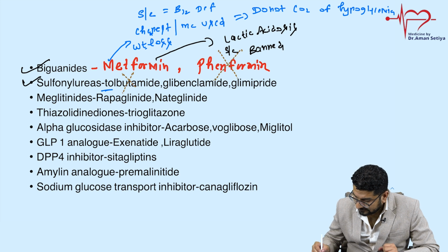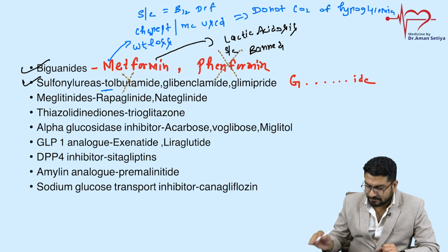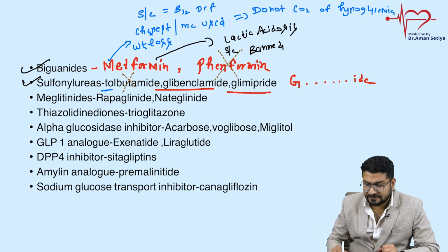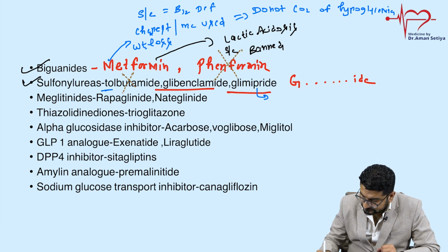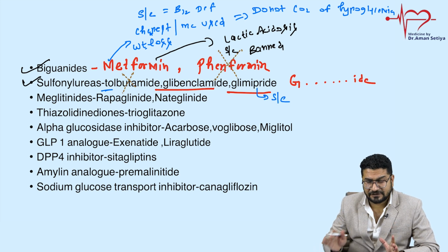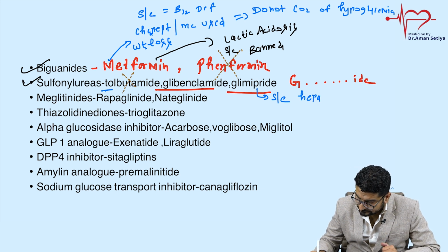Nowadays we use sulfonylureas starting with G and ending in IDE: glimepiride, glibenclamide, glipizide, glyburide. These are all sulfonylureas. The important side effects of sulfonylureas are hepatotoxicity, and they can cause weight gain.